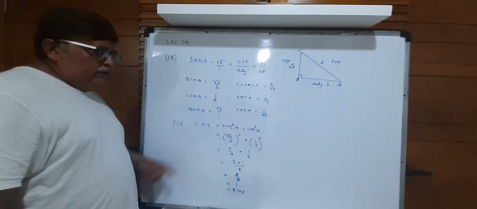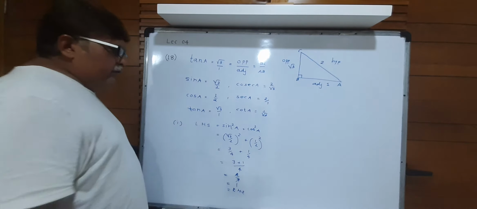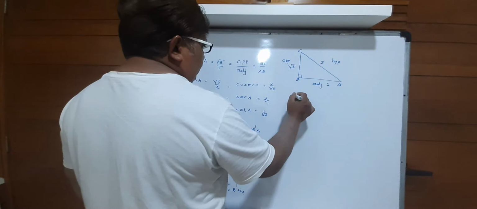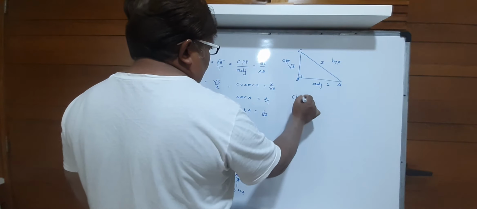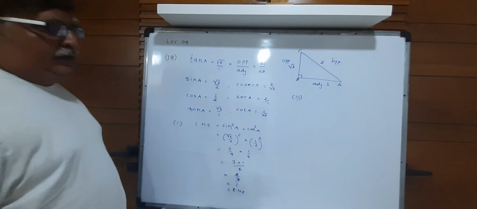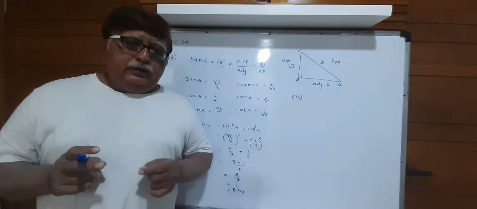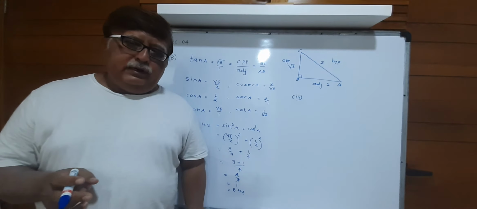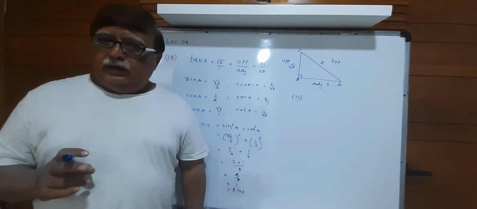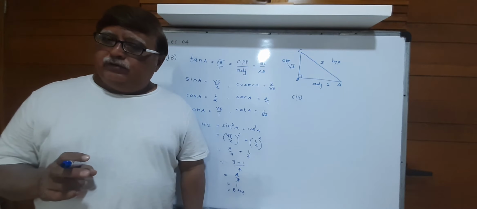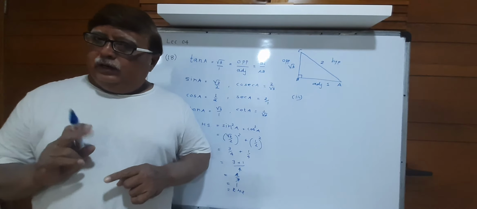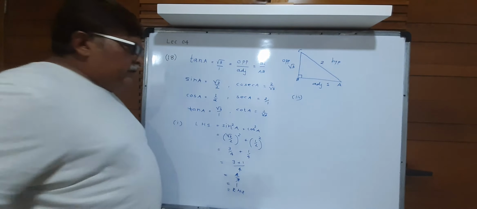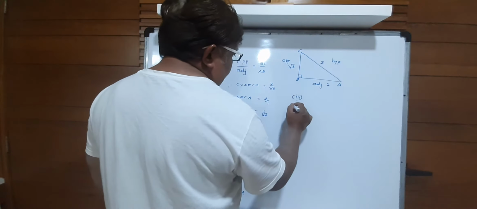The second can be proved in a similar way. I am just talking about the third one, where I will first find LHS, then I will go for RHS. LHS first, then RHS. What is LHS actually?